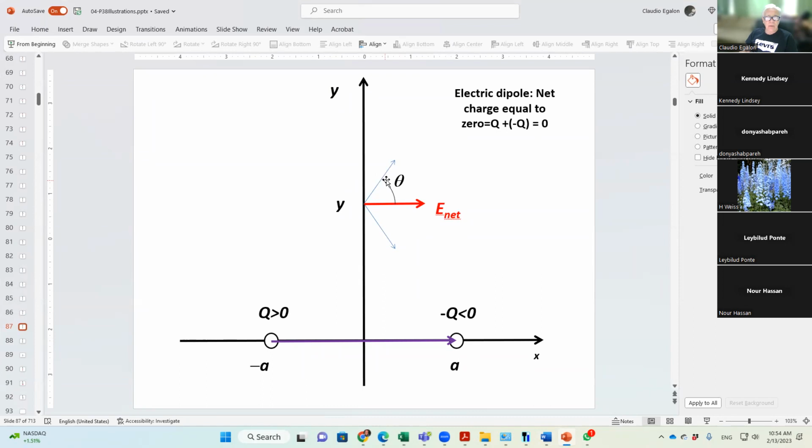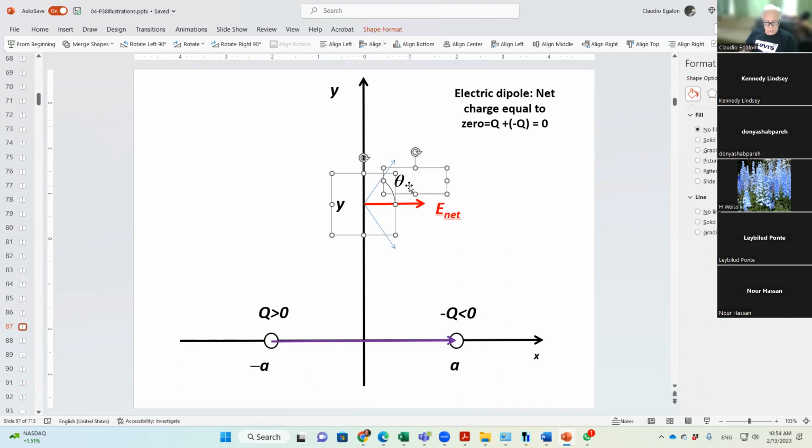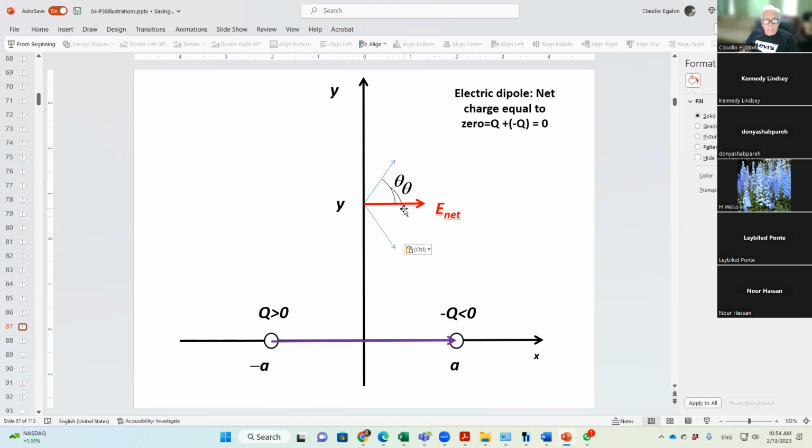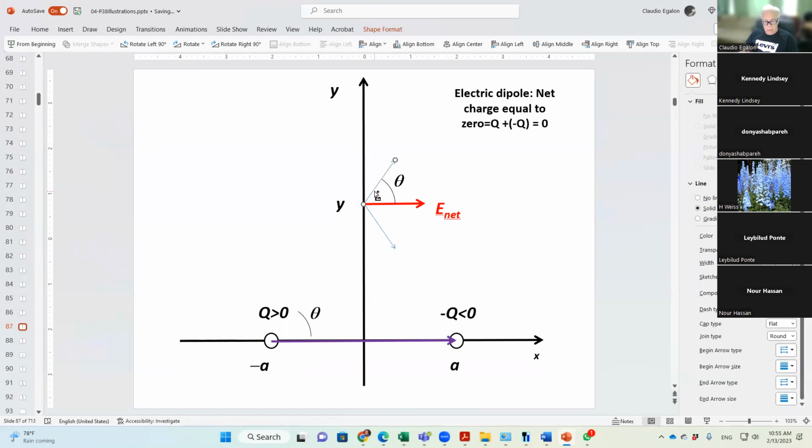This angle here is equal to this angle here. I'm going to draw a line there for you to see it. Those are similar triangles. We get that from geometry.